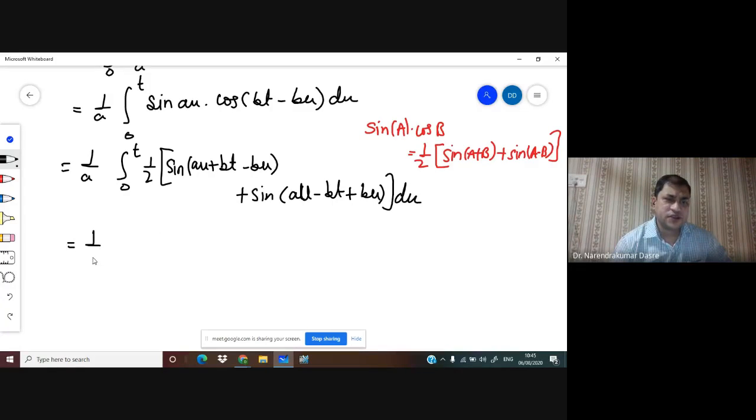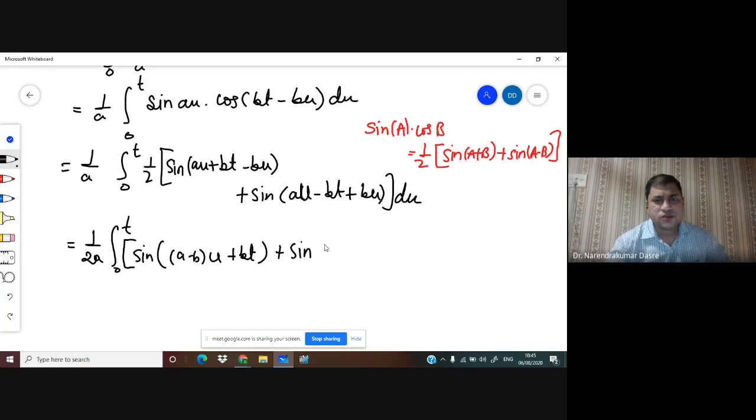So we can simplify this as 1 by 2a integral 0 to t. We get here sine of a minus b into u plus bt, plus sine of a plus b into u minus bt, and this is du. So this is equal to 1 by 2a.